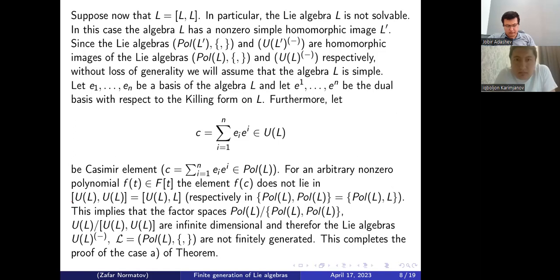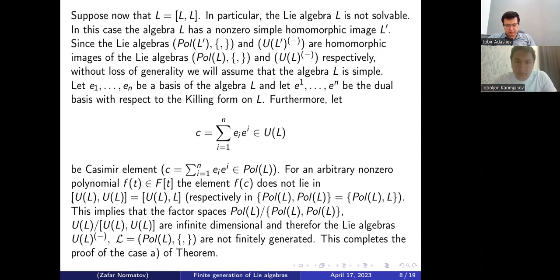There is only one Casimir element for a fixed algebra. Invariance. You mean the Casimir element of the algebra is unique? To tell the truth, I don't know.